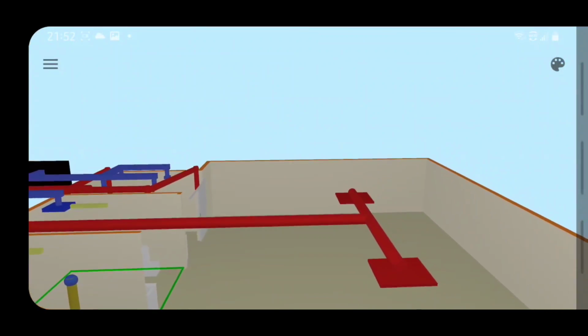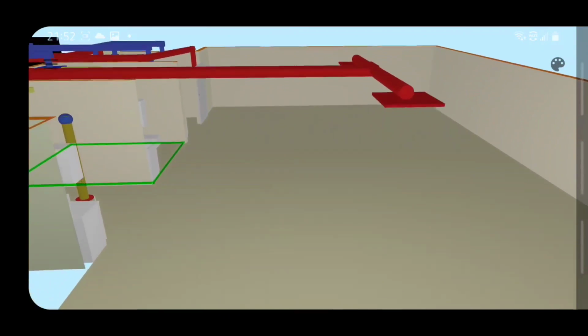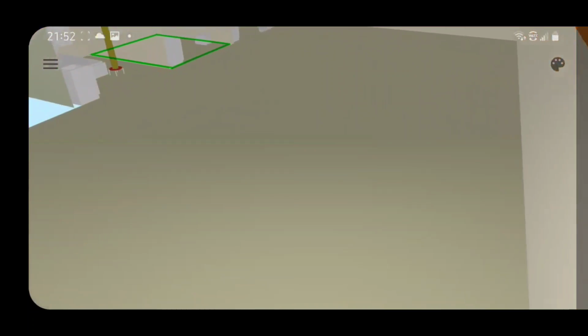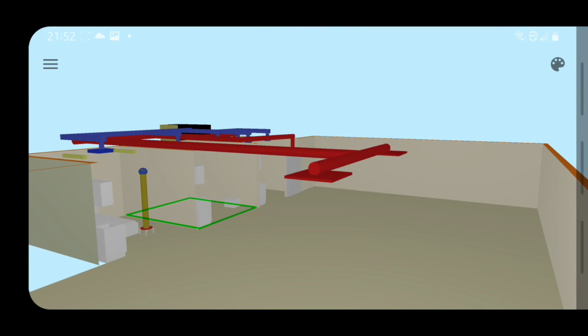So the air comes out here and travels. Some of it falls down, but it eventually has to get up again.